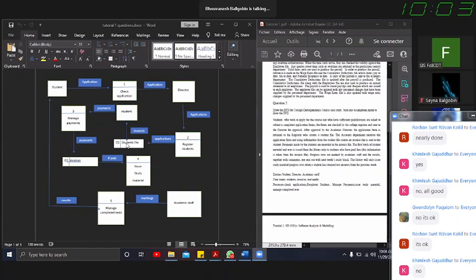D1. But you've put register student, process number 2. The strange thing here is that the way you've drawn the diagram, it is as if the director is providing application details as input, which is not correct.